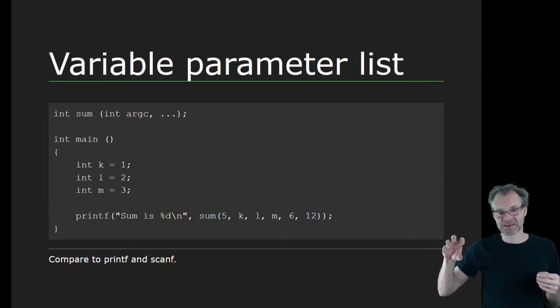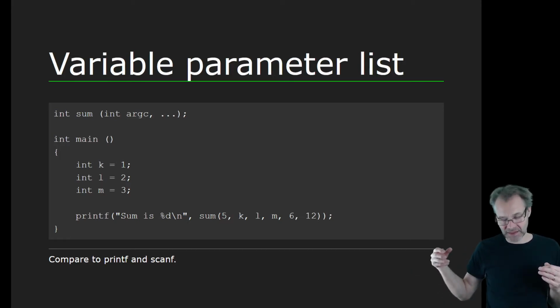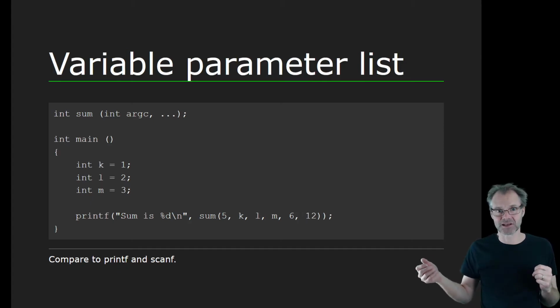In my implementation this holds how many values I should sum. It doesn't have to hold that type of value. It should just hold some kind of value that helps you understand how many items are on the parameter list.